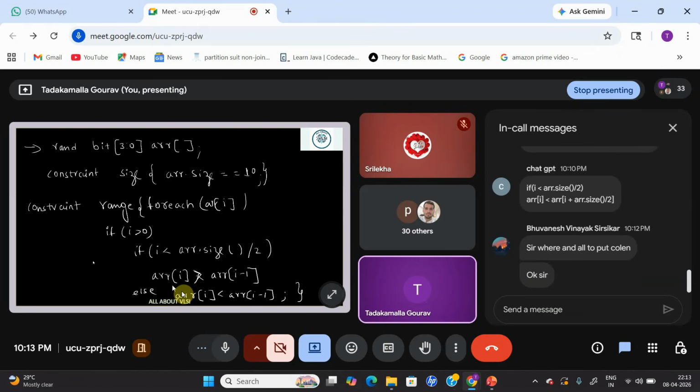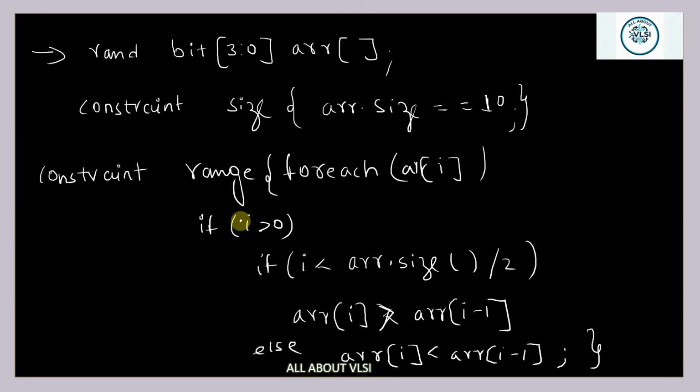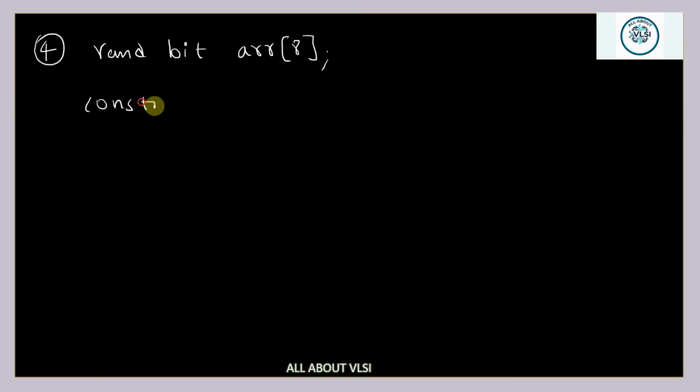Now let's say, what is this question number 4? Let's say I have this particular constraint. I'm going to have rand bit, an array of 8 elements. And I'm going to have a constraint. The constraint name here is c.